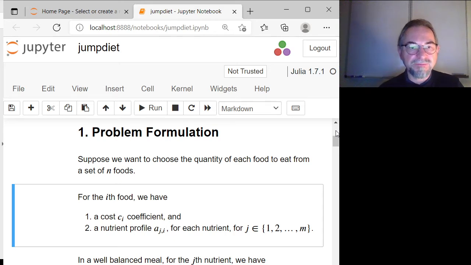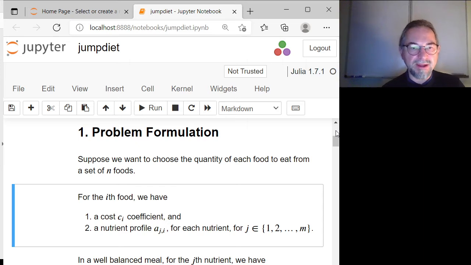So we have food groups. For every food, there is a cost coefficient. First of all, what are the dimensions? The dimensions are n for the number of foods that we can choose from, and then we have the nutrients that we care about.